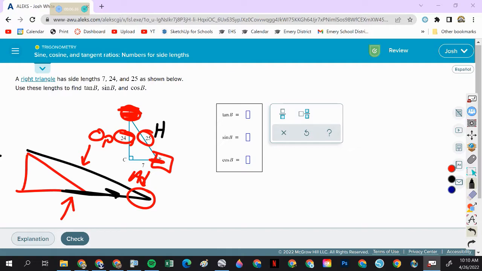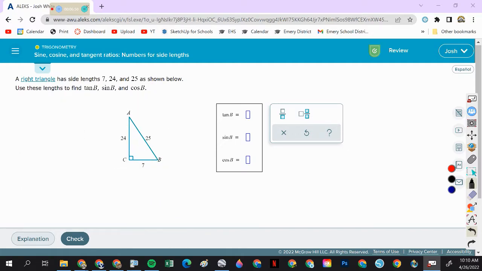So as we push and pull a right triangle, there's a relationship between the angles and the lengths of the sides. And those relationships are explored in trigonometry. So our trig functions are the sine, the cosine, and the tangent.